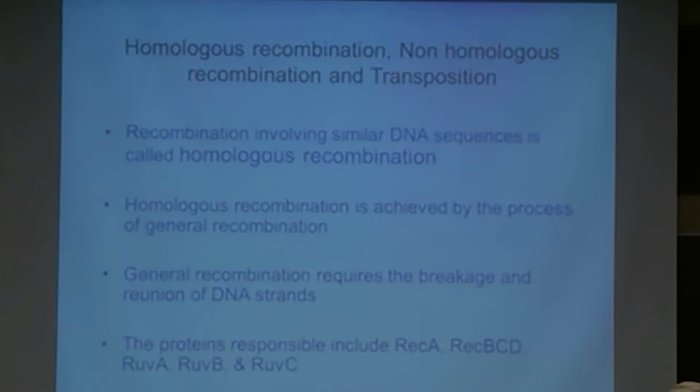I am not going into detail of the lot of enzymes involved, but as soon as you see RecA, RecB, RecC, D, correct? These are recombination related proteins, and they are involved in this breakdown event. RecA, RuvB, these are recombination related proteins.